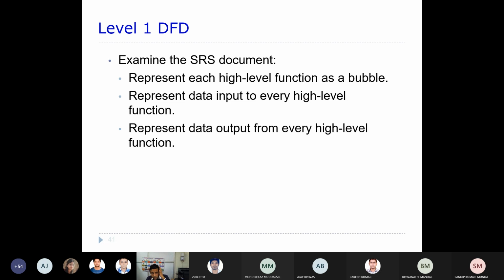Now, then we need to have a level 1 DFD. First is the context diagram, or the level 0 diagram. I told you, level 0 DFD. Now, as part of level 1 DFD, we try to examine the SRS document.